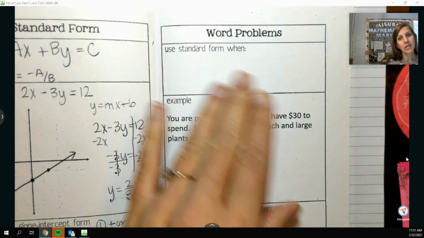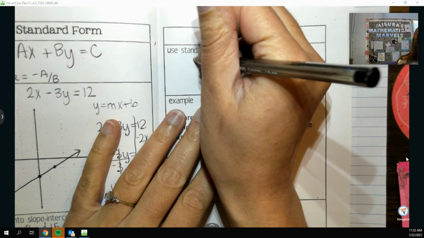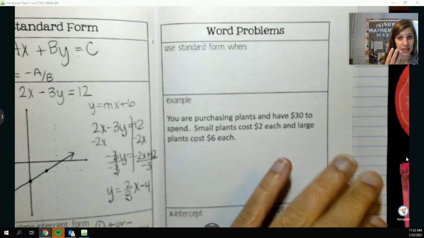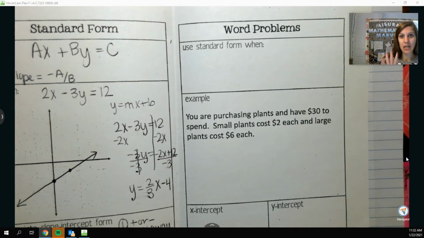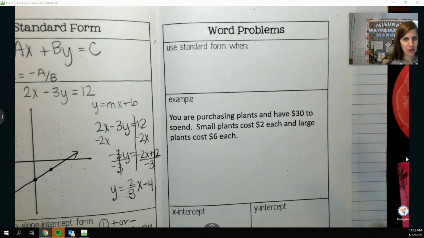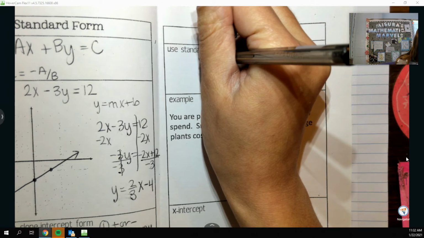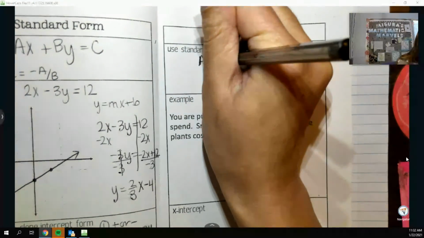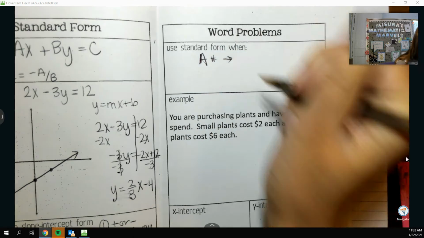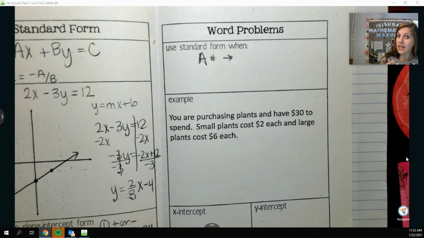So you're going to use standard form in a story problem when they give you actually 3 numbers, because they're always going to give you your A, B, and your C number to put in, which is super nice. So the 3 numbers that you're going to be looking for, like if we think about the A number, over here, your A number, that will be like a slope number, a rate of change.